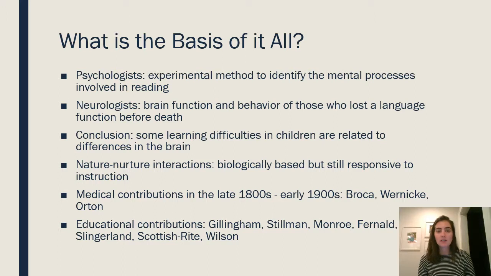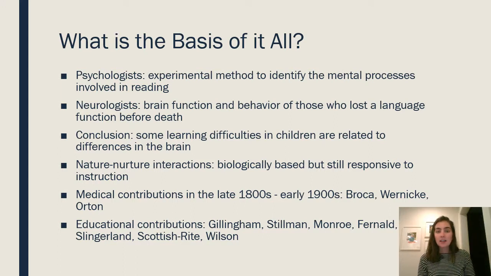So what this means is they didn't have any actual tools to look at the brain, but neurologists at the time were seeing a before and after situation with an adult or a child who was fully functioning, had a brain injury, and lost language function. They could do an autopsy after their death and look at the part of the brain that was damaged or different than a typical brain.